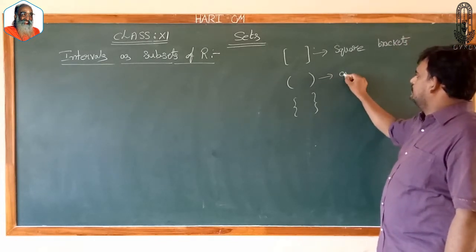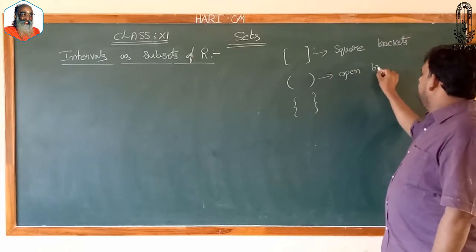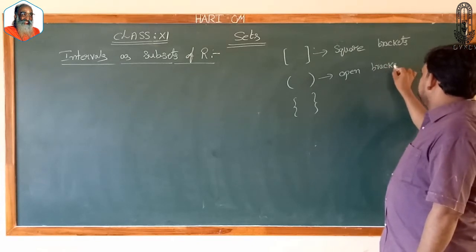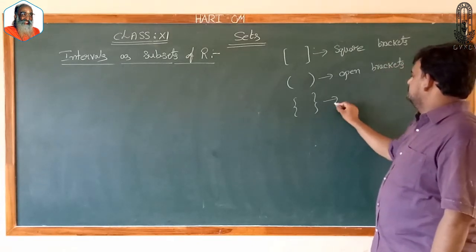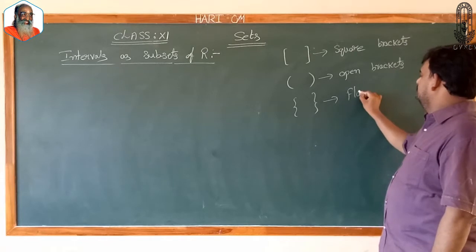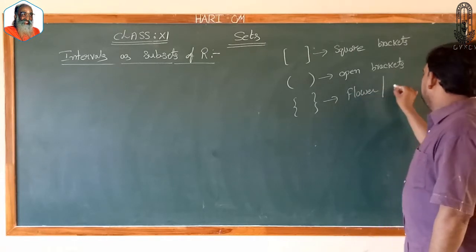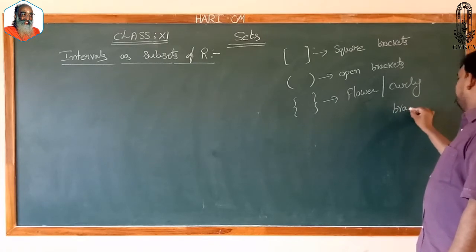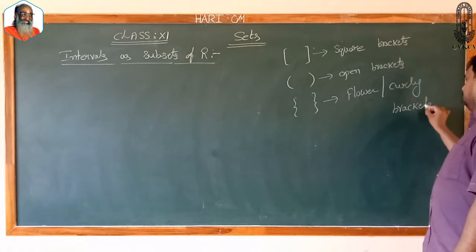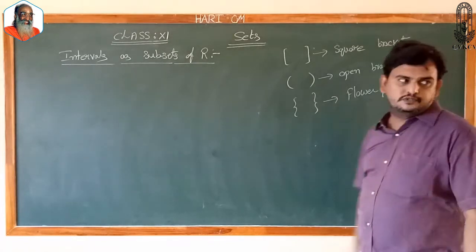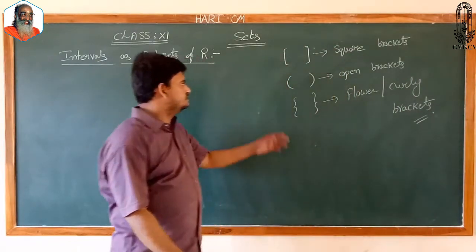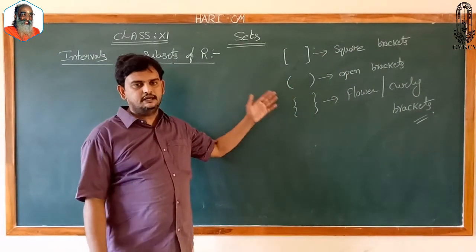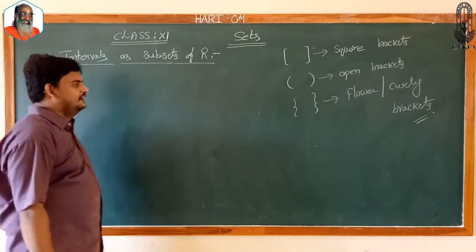These are nothing but called open brackets. These are nothing but called flower or curly brackets. So we have total three types of brackets: square brackets, open brackets and flower brackets.